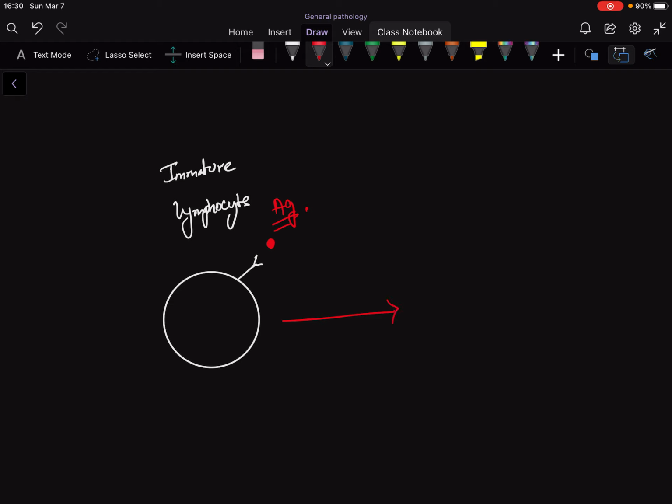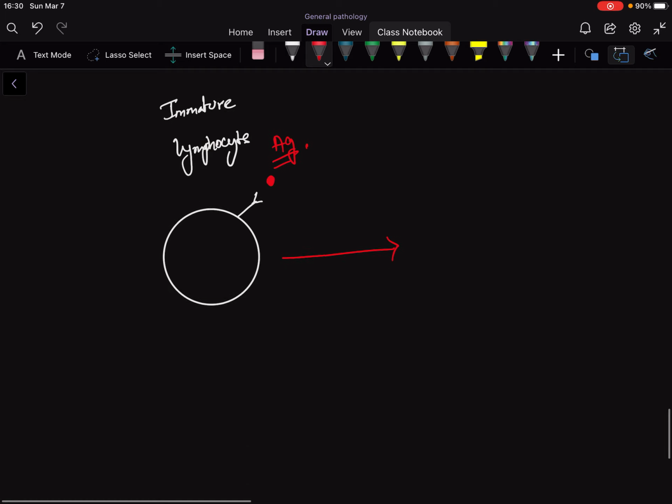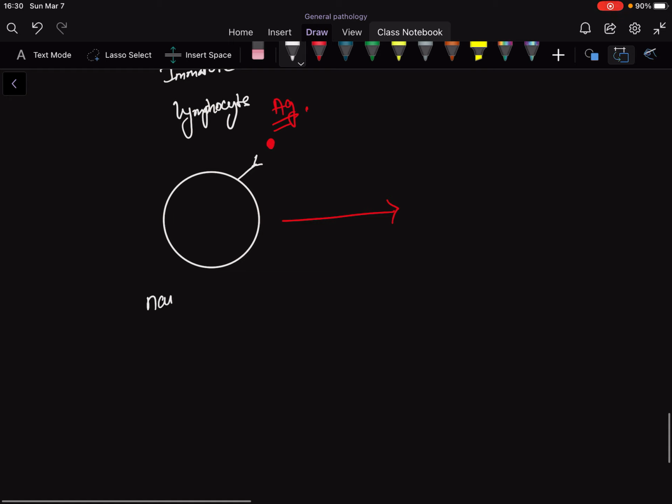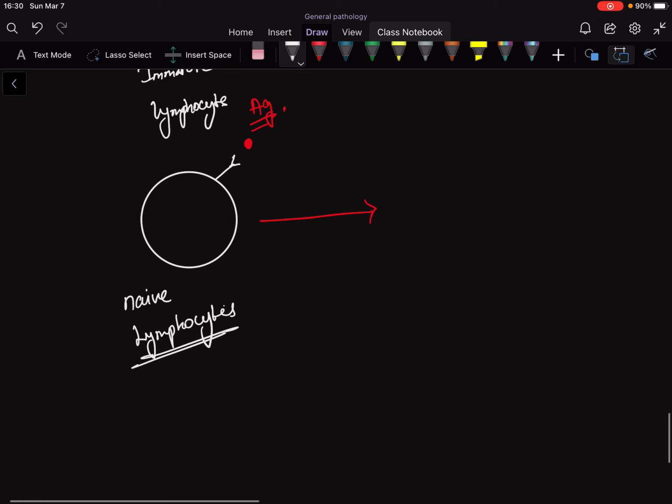It means it is like a teenager where there is no experience at all. These lymphocytes are called naive lymphocytes, which are immunologically inexperienced. So what happens to these lymphocytes once their antigen comes and binds to this receptor?